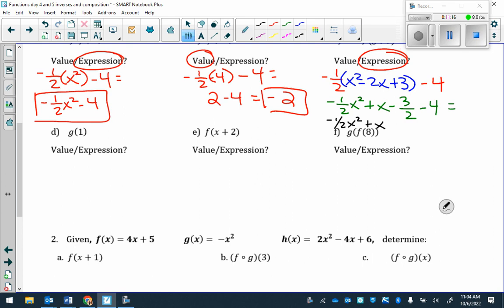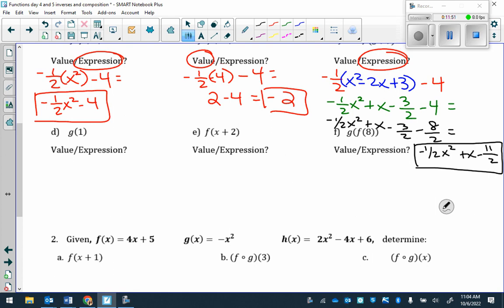When you're dealing with fractions and you need to subtract, what do you need? Common denominator, which would be 2. So we have negative 3/2 minus what? 8/2. So we have negative 1/2 x squared plus x minus 11/2. That would be your final answer.